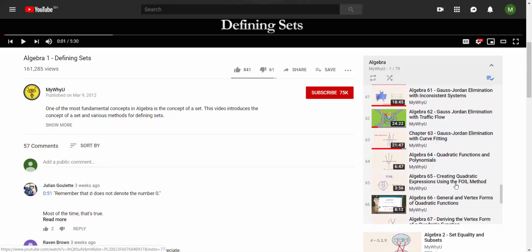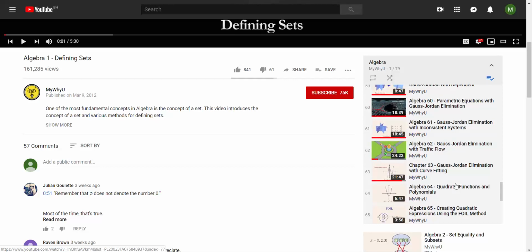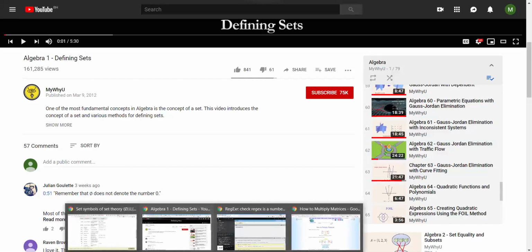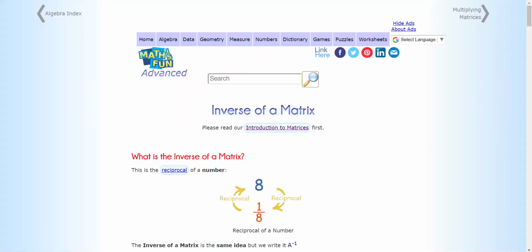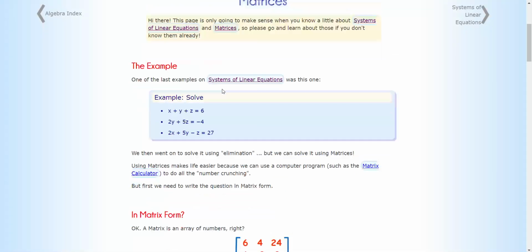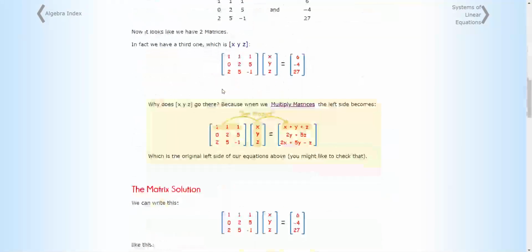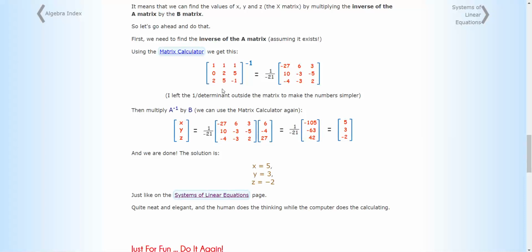But for now, I think we just have to stop here and do the rest. So we still have to go for multiplying matrices, then inverting a matrix, and then solving systems of linear equations using matrices. This is something we've been doing.